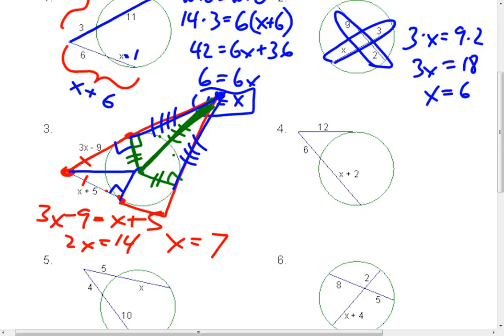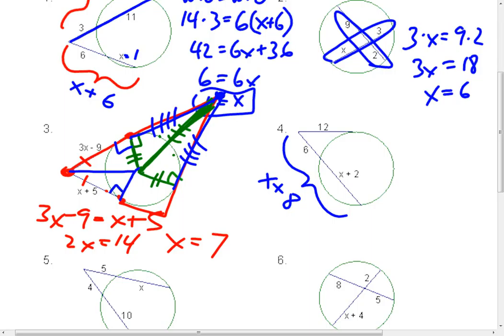What should I immediately do since I'm looking at a secant and a bunch of lengths? Brackets. What am I going to call that distance if that chunk is 6 and this chunk is x plus 2? X plus 2 plus 6, which is x plus 8.